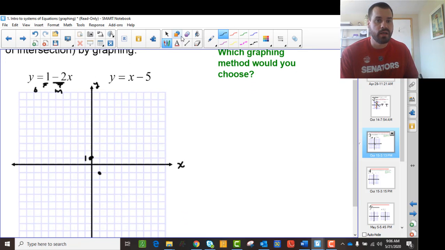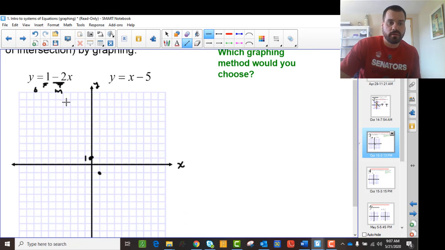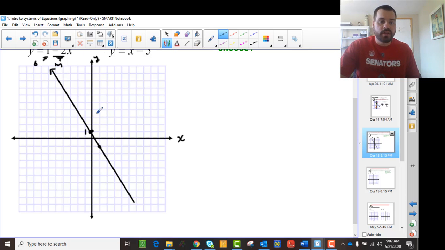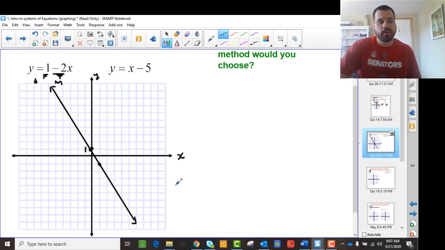And then I'm going to draw a line through those 2 points. So there's my line that's going to go through those 2 points. It's very, very important that you are careful to make sure that your line is going through your points exactly, because the lines are going to intersect, and then we're going to read that intersection point off the graph. So you want to make sure we're as accurate as possible.